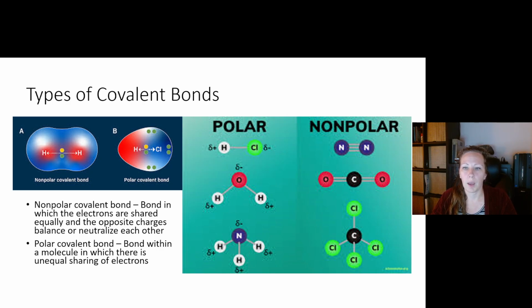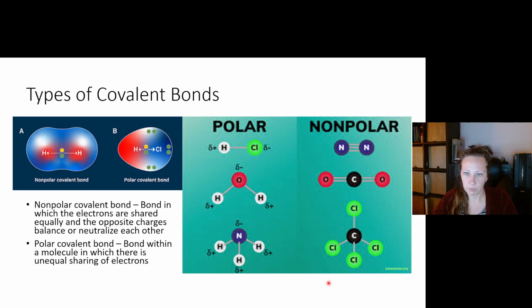Okay. But in this polar and nonpolar case, you're still sharing that electron. So no one atom is getting a whole other electron or losing a whole electron. Okay. And so what we call these charges that occur here is a partial charge.